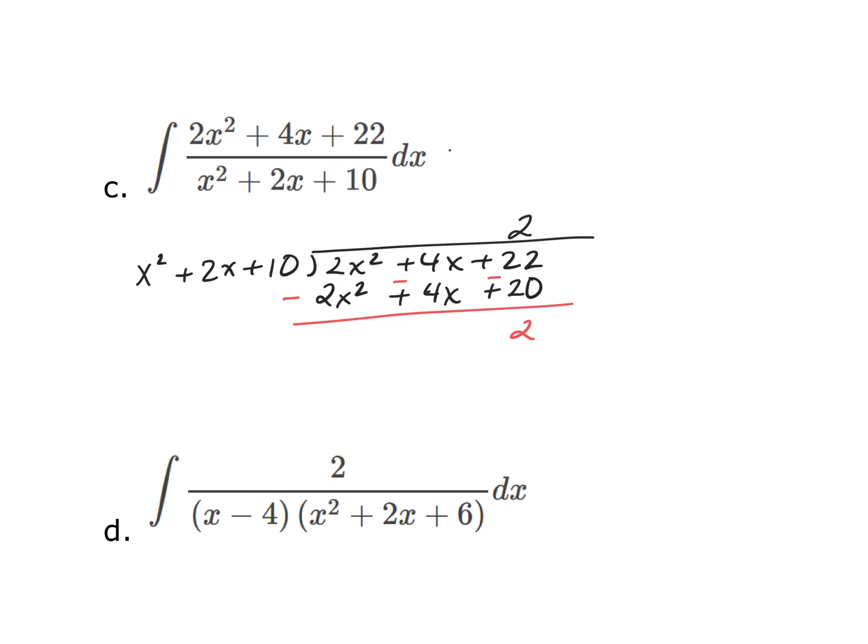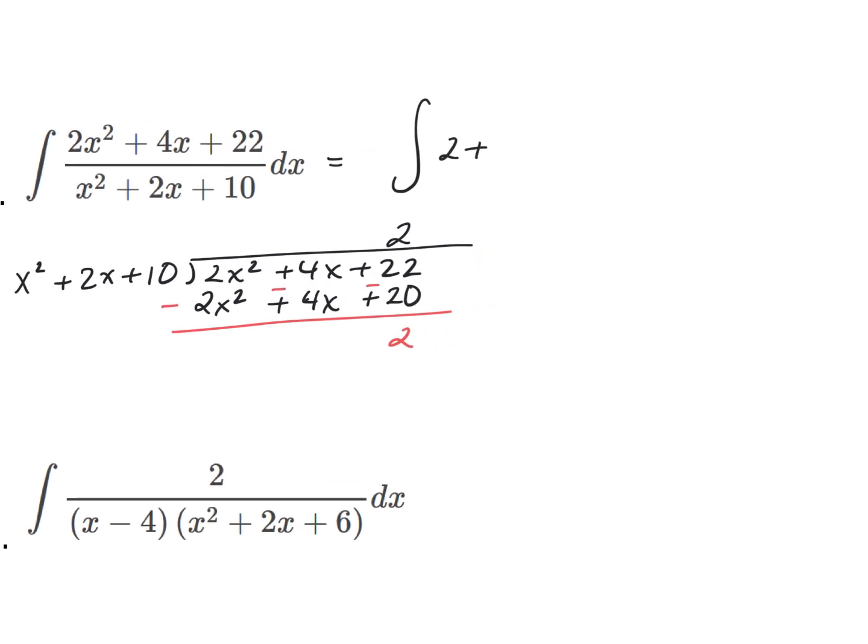So this is the integration of 2 plus 2 over x squared plus 2x plus 10 dx. So much different integration. And I can break this apart, of course, so no problems there.